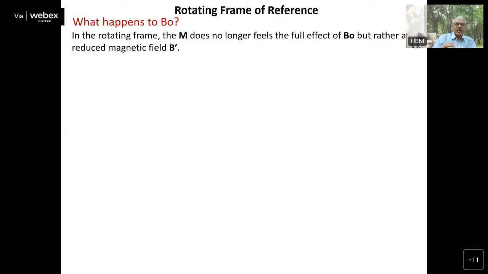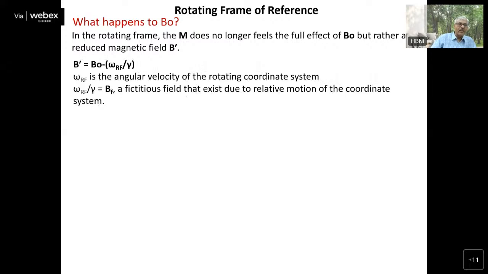So if you start rotating the coordinate system, the effect of B0 gets reduced, and that reduced field is given the name B prime. B prime is B0 minus omega RF by gamma, where omega RF is the angular frequency of the rotating frame and gamma is the gyromagnetic ratio of the nucleus we are observing.